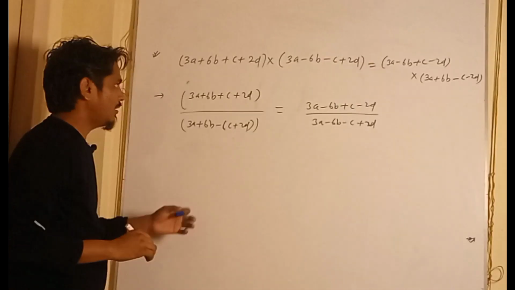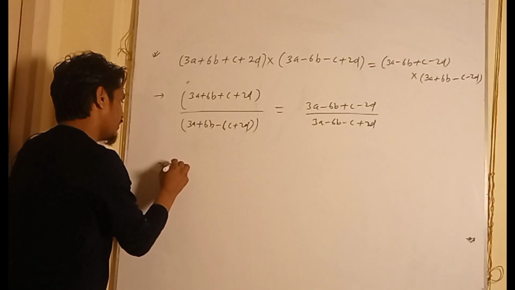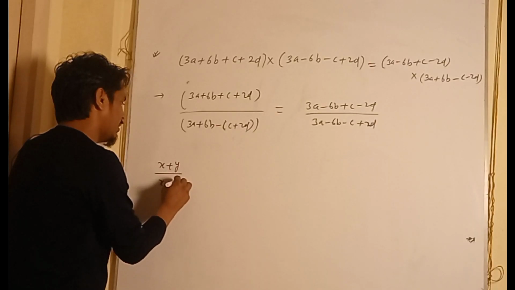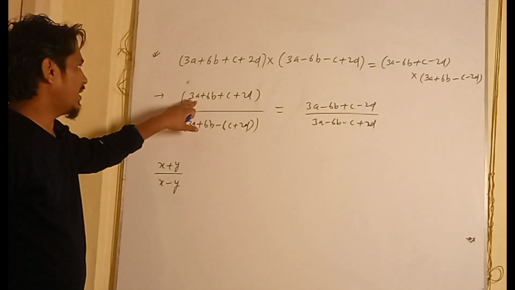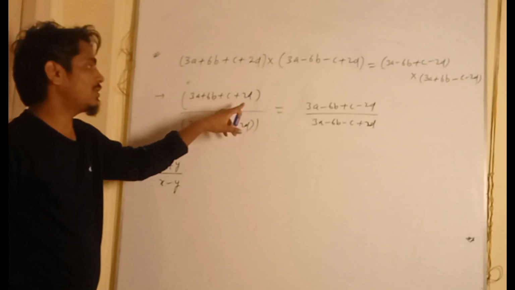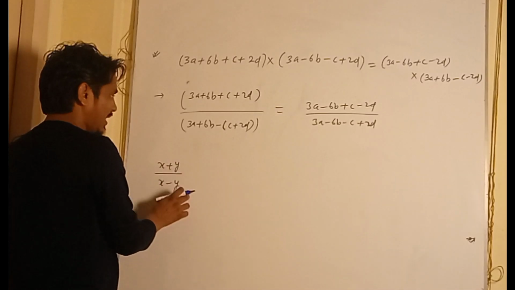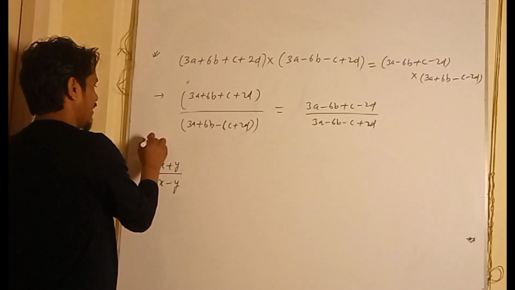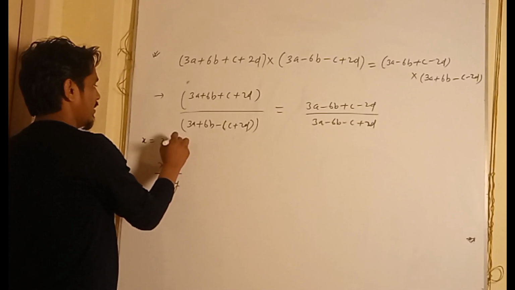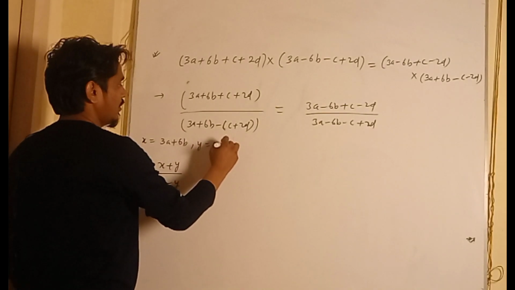Then we'll find that the numerator is of this form, x plus y, and denominator is x minus y. If I take 3a plus 6b as x and c plus 2d as y, then this will become x plus y over x minus y. So here I have taken x is equal to 3a plus 6b, y is equal to c plus 2d.